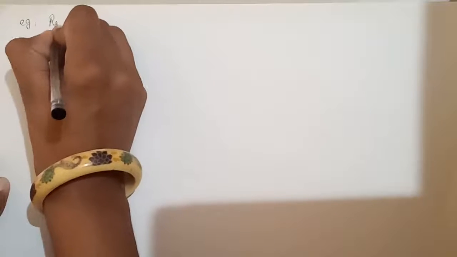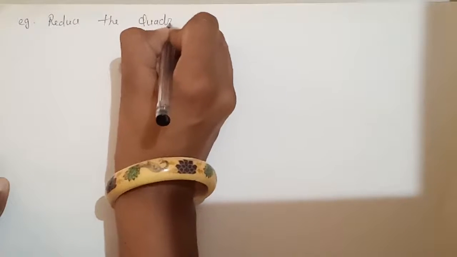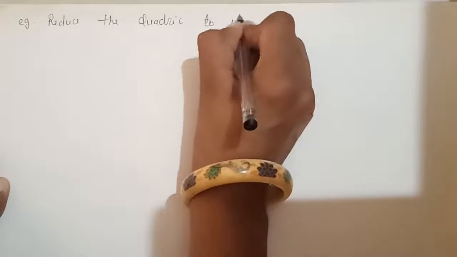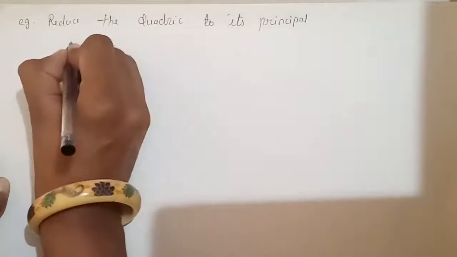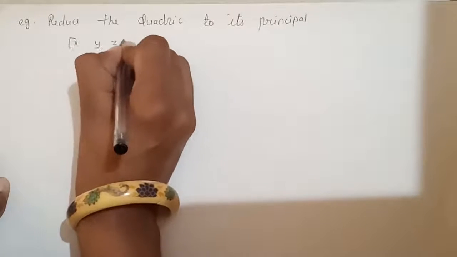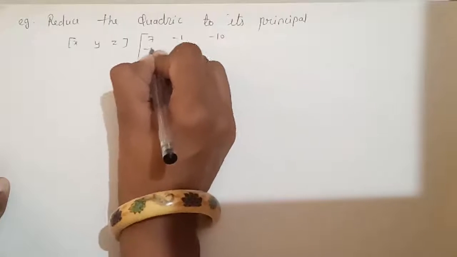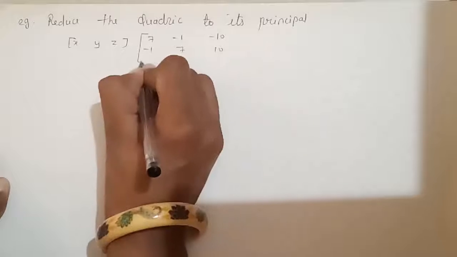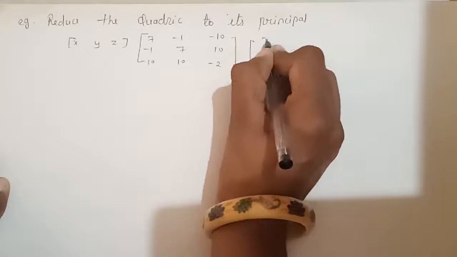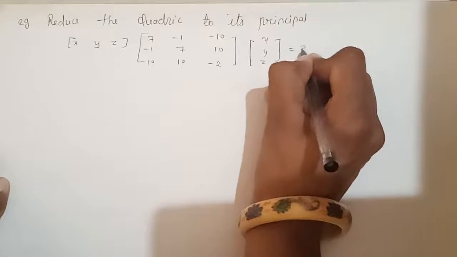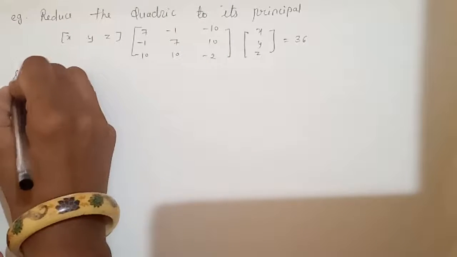Example: reduce the quadratic form to its principal form. It is given by x, y, z times the matrix with rows 7, minus 1, minus 10; minus 1, 7, 10; minus 10, 10, minus 2, times x, y, z, is equal to 36. Then the solution.